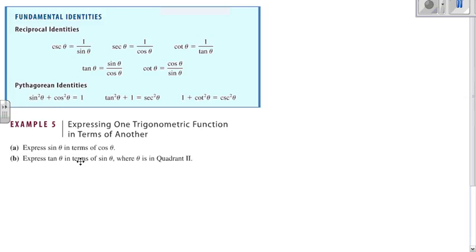So we'll take the Pythagorean identity, the first one. Sine squared plus cosine squared equals 1. Subtract cosine squared over.